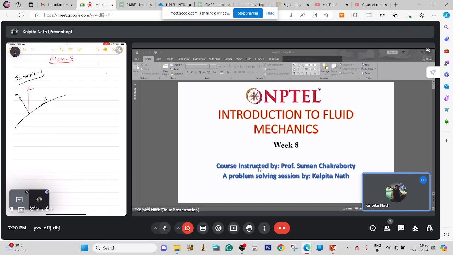This is r, the radius of curvature of the streamline. Let's suppose this is the point xy. At the point xy of the streamline, the velocity vector is given as V = ax² i cap minus 2axy j cap, and we want to find the radius of curvature r of the streamline at point x and y.